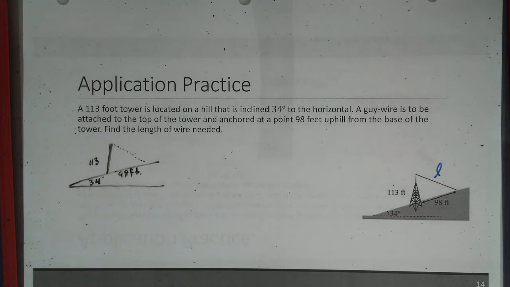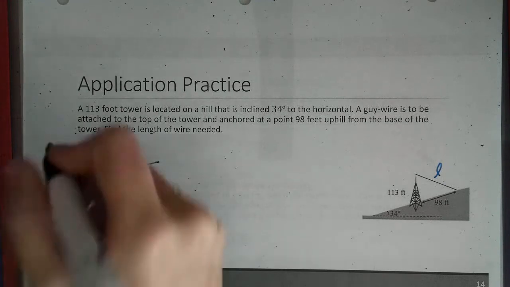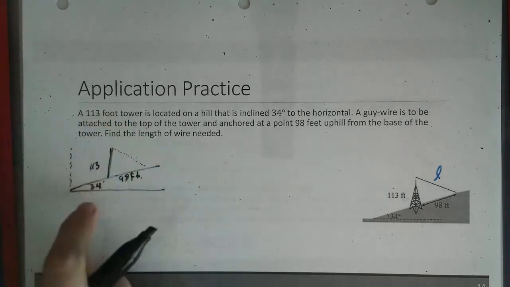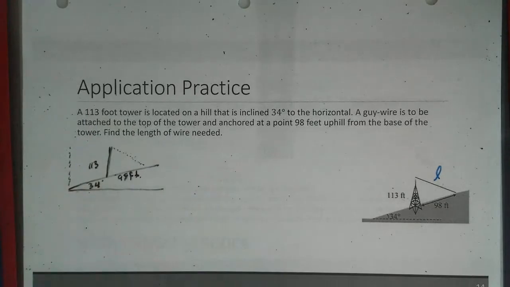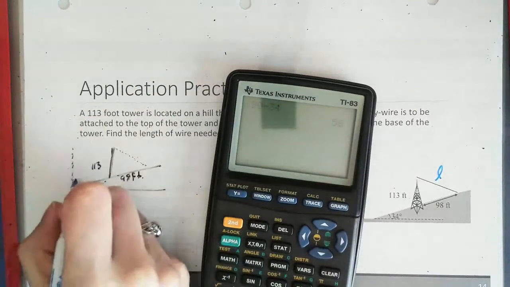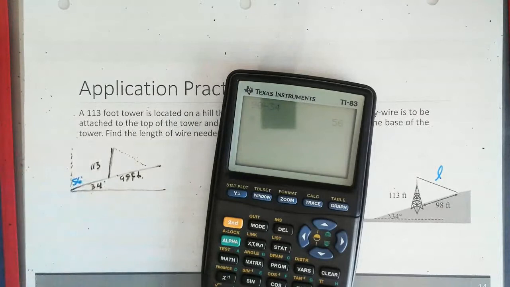So the question is, what else do we know? Well, if I go from flat ground straight up, that whole thing should be a 90-degree angle. So if I take 90 minus the 34 that I already know, there's 56 degrees from my hill to straight vertical.